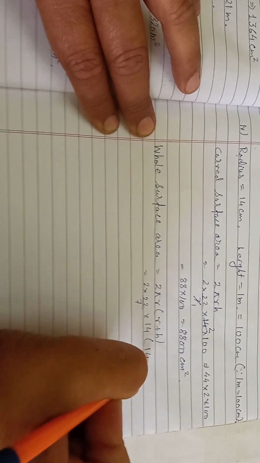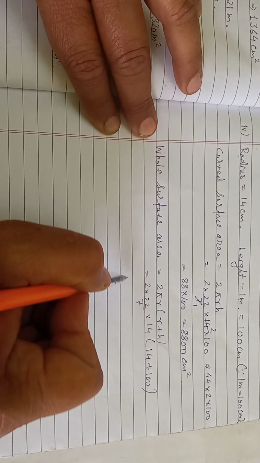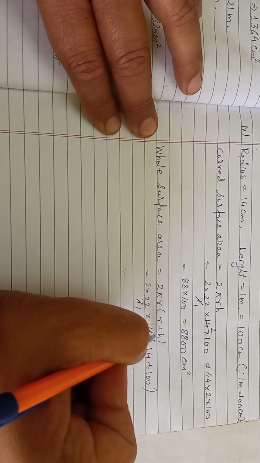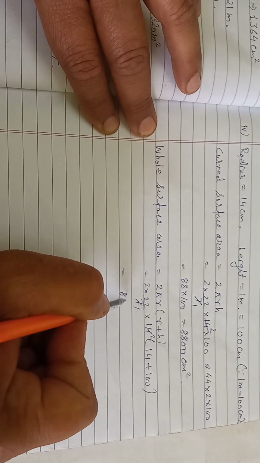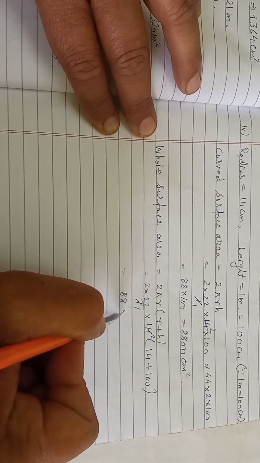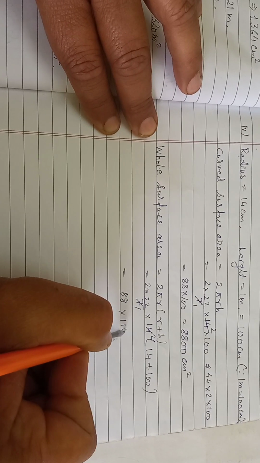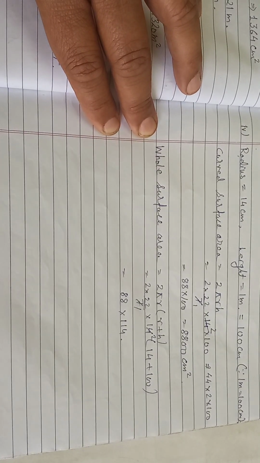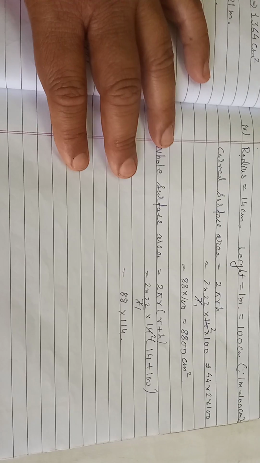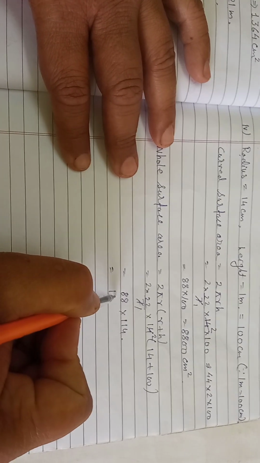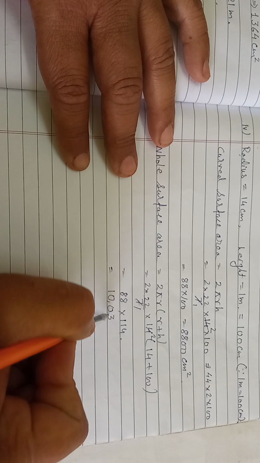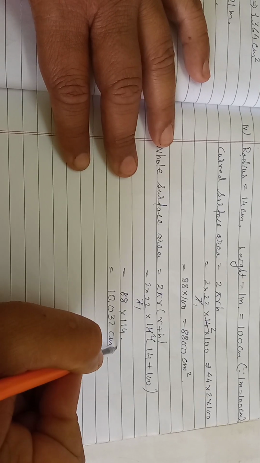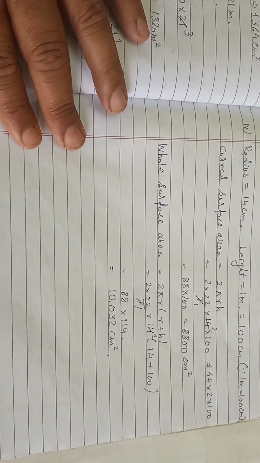That is 14 plus height is 100. You cancel it, 7 1 is 7, 7 2 is 14. If you multiply, it will be 88 into 114. You multiply 88 into 114. Yes, how much you got? That is 10,032 unit is centimeter square. Is it clear?